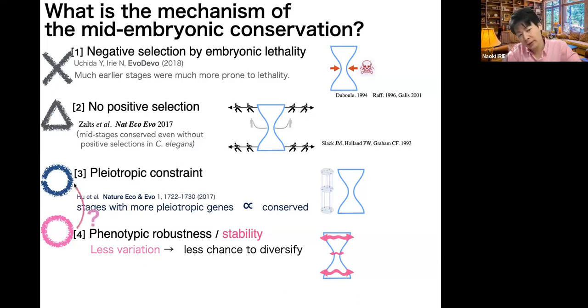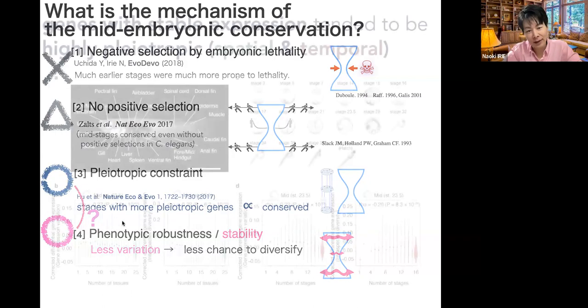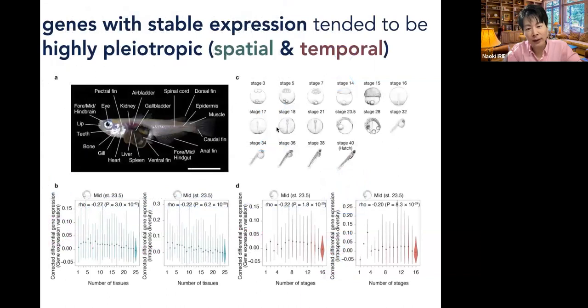But I was wondering, does it have to do with pleiotropic constraint? And we collected a variety of tissues and developmental stages and analyzed the correlation between pleiotropic expression and stability.